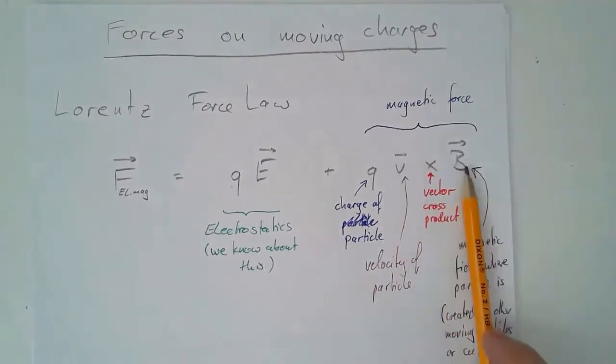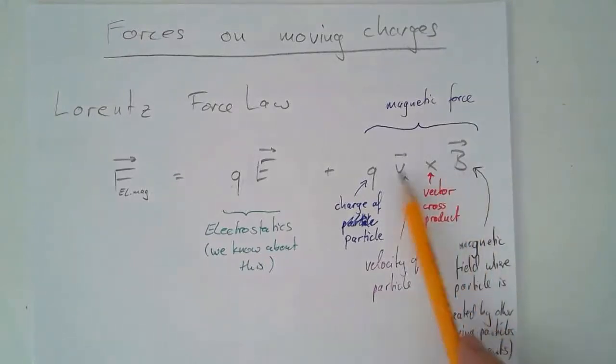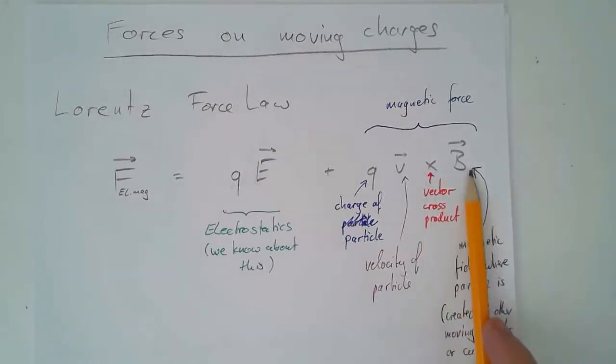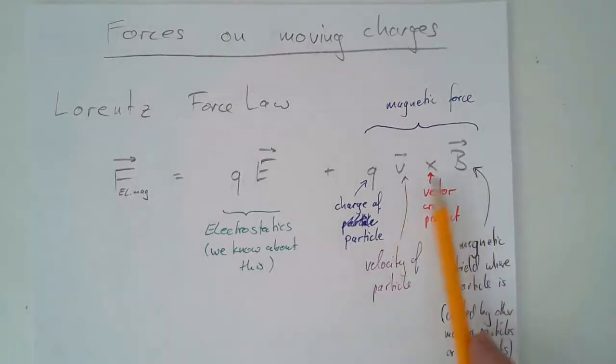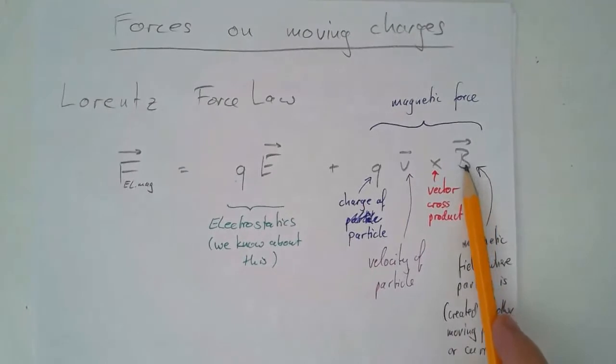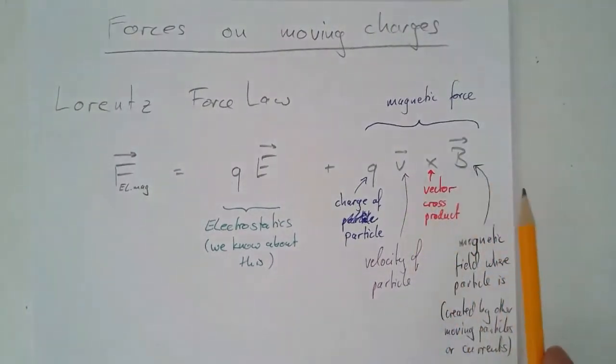So remember, you take two vectors, you take the cross product between them, and it gives you a new vector that's perpendicular to both, and the bigger the angle between those two, the closer it is to 90, the bigger the resulting third vector. For the details and the visualization of the cross product, go back to the previous video where I talk about it, because this cross product also came up in the laws concerning the creation of magnetic fields.